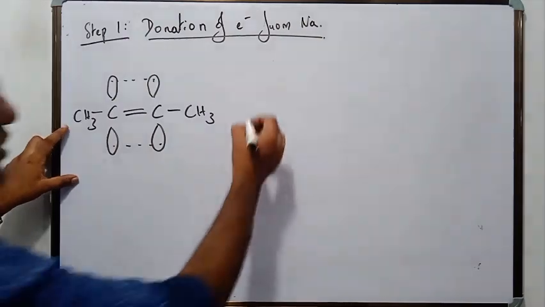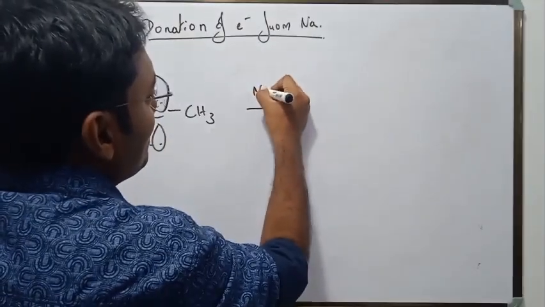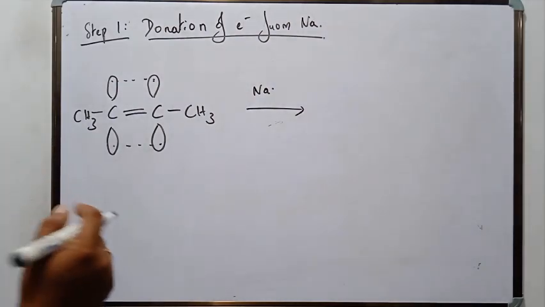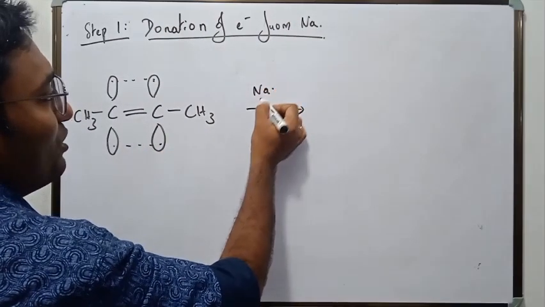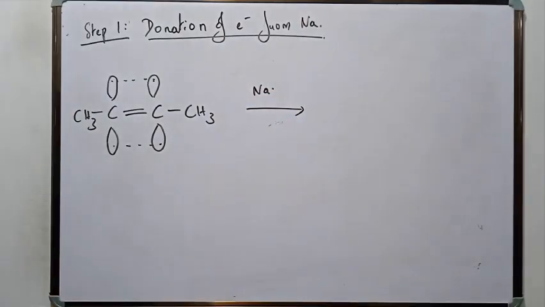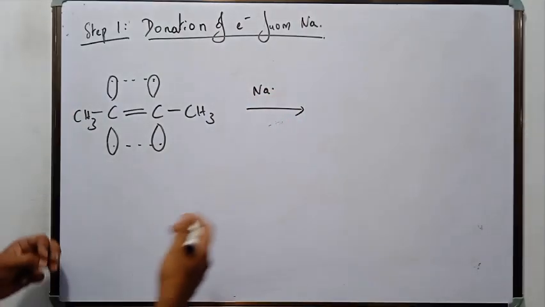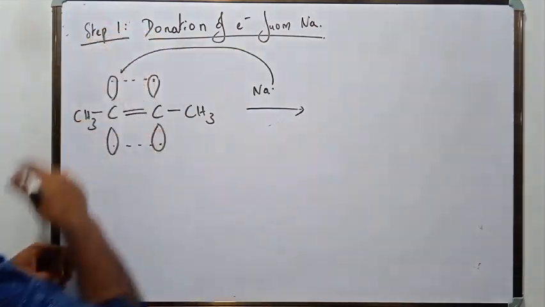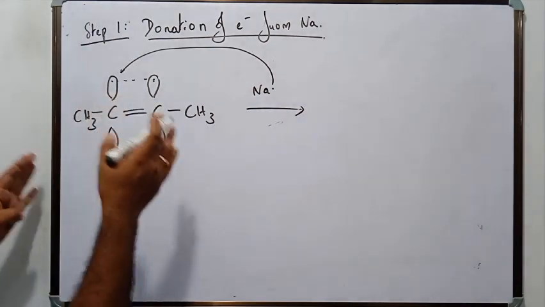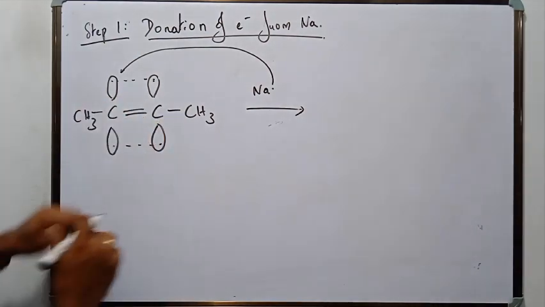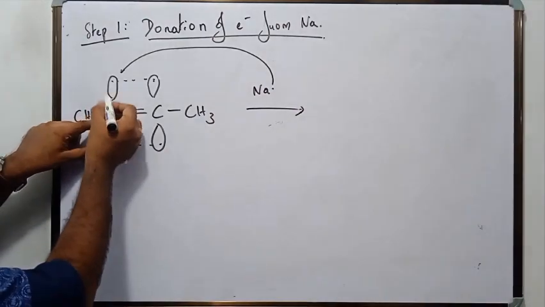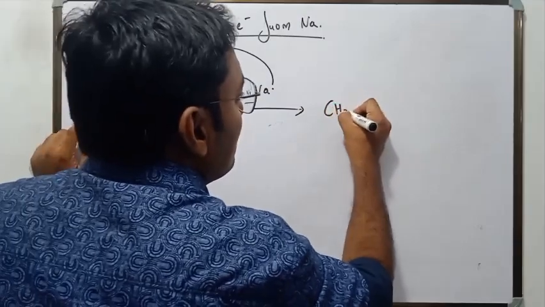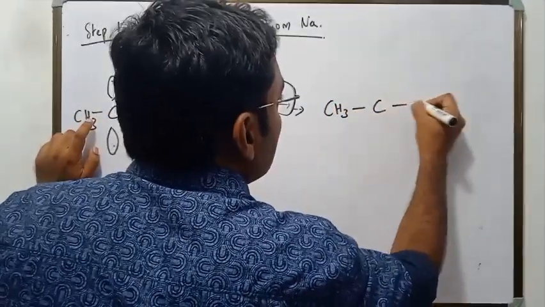Now I will react it with sodium. Sodium has one electron in its outermost shell. It needs to get rid of its one electron to attain the inert configuration of neon. So what will happen here? It will kick its electron into the p orbital of one of the carbon atoms. Suppose it has chosen this carbon atom to pump its electron.